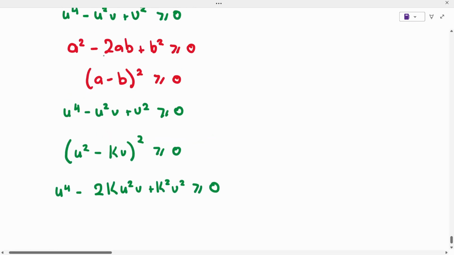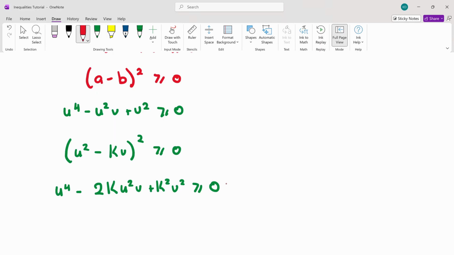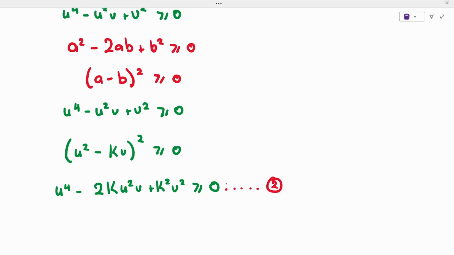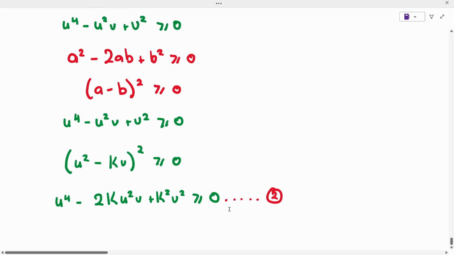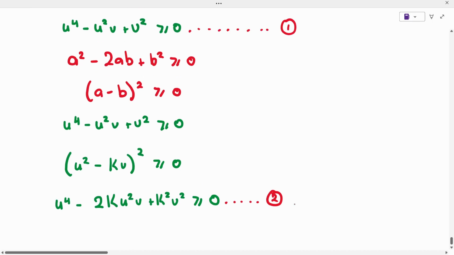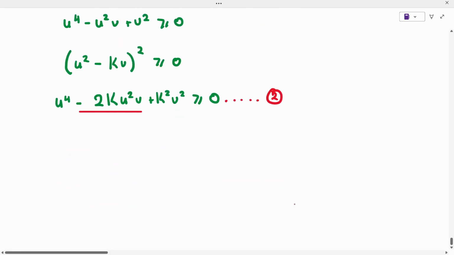So if we compare our two expressions here, let's call this 1 and let's call this 2, and especially if we focus in on the middle terms, we could see that 2k is equal to 1, so k is equal to a half.